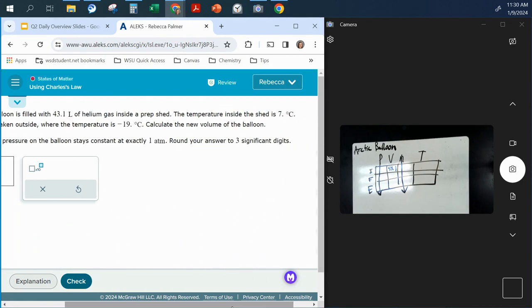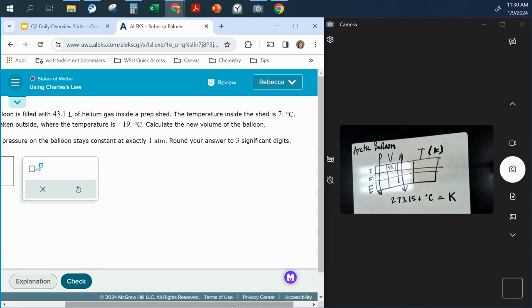So this one, we need the temperature to be in Kelvin. Not always do we need that, but for this problem, the temperature has to be in Kelvin. So we need to remember how to convert to Kelvin. Do you remember how to do that? 273.15. Good. Plus our degrees Celsius gives us Kelvin.